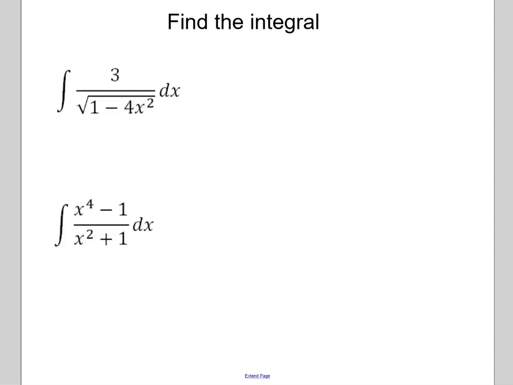One thing I do want to point out before I get too far into things, as I'm looking at these, when you're looking at these three rules, notice that the a is representing some kind of number. Okay, so the a is always a constant. The u is always representing either an x or something with x's. So keep that in mind, and that's actually true for all of the things on this chart.